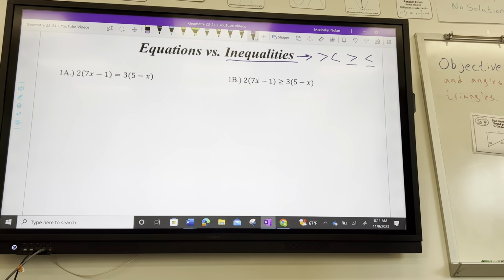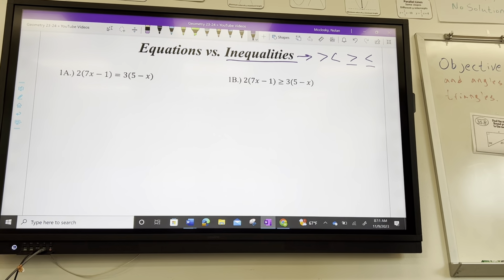The -2 drops. 15 drops, and then we need to add or subtract something, so we add 2, that cancels. The 17x drops. 15 plus 2 is 17, so we have 17x is equal to 17, and then we divide by 17. 17 divided by 17 is 1, so x is equal to 1.